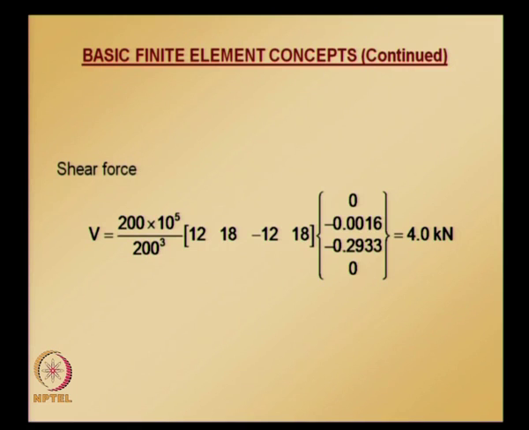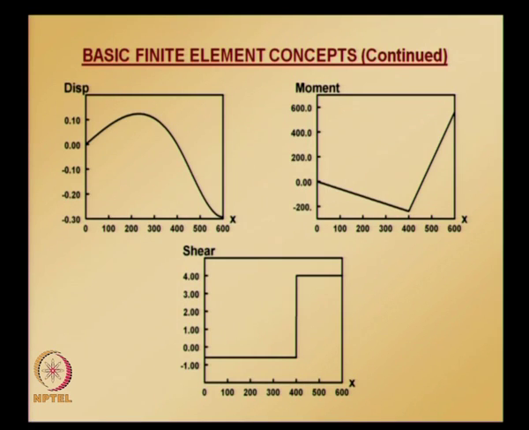So substituting the values s is equal to 0, s is equal to 1 or some other value, we get the bending moment and shear force at any point along element 1 length and element 2 length. So using these we can plot. The plot of displacement, moment and shear looks like this.